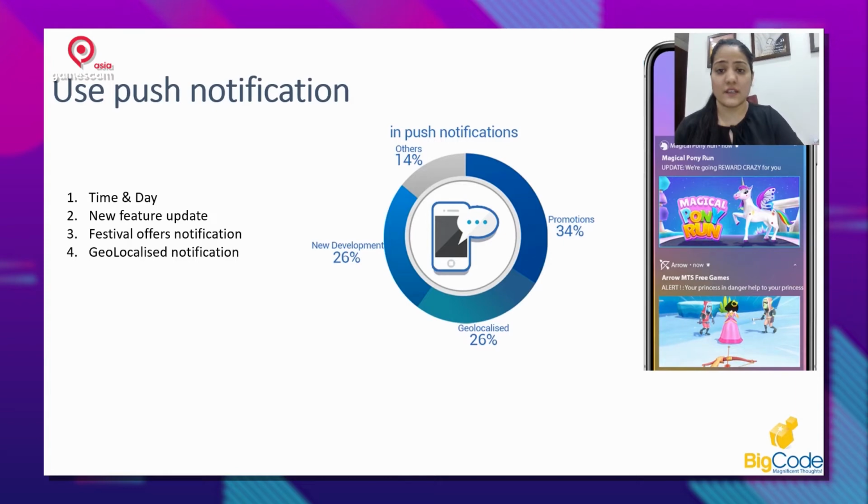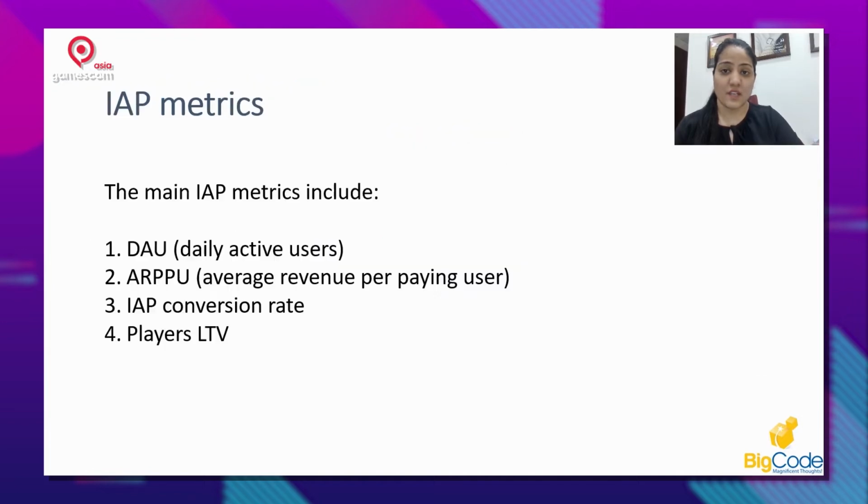And yeah, this is one of the best practices for in-app purchase. Coming to IAP metrics, the main metrics one should look at are the daily active users you got, the average revenue per paying user you see for your game, what IAP conversion is happening with your users, and the players' LTV.